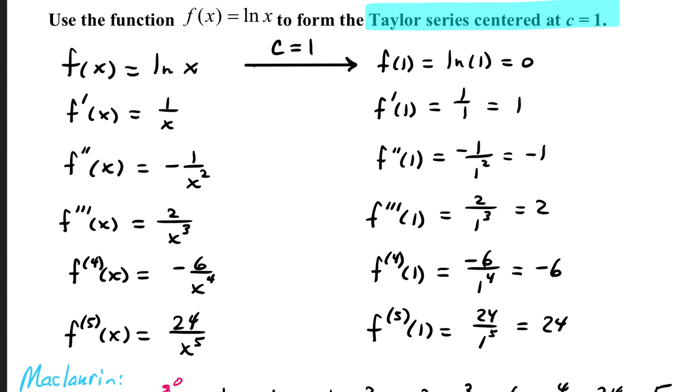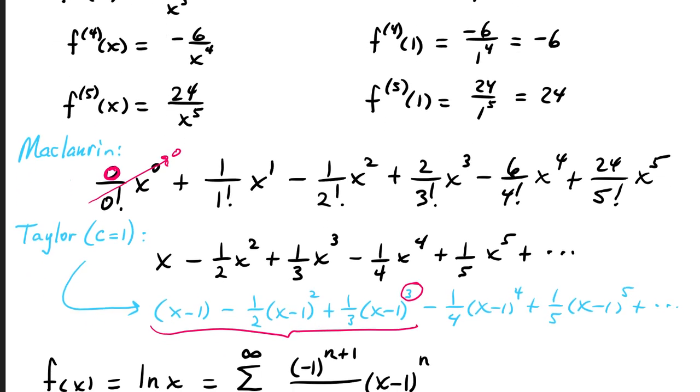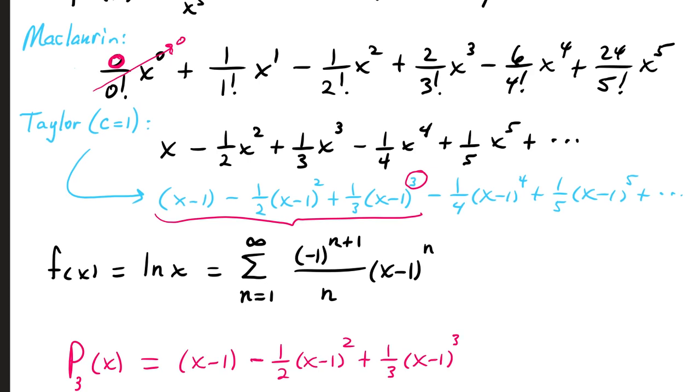So remember, when you start building your series, it's the function value starts it off, and then you have 0 factorial as its denominator, and then x minus 1 to the 0, and then you move to your first derivative, and it's first derivative value over 1 factorial times x minus 1 to the first, and you keep building on from there. Let me go ahead and scroll.